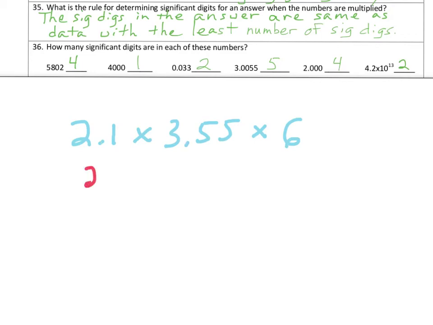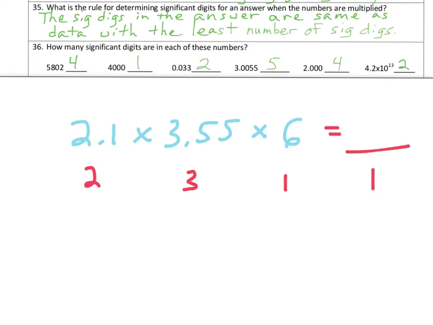This one has 2 significant digits, this one has 3, and this one has 1. So when I give my answer, that answer will have to be rounded to 1 significant digit because my data has the least significant as 1 significant digit.